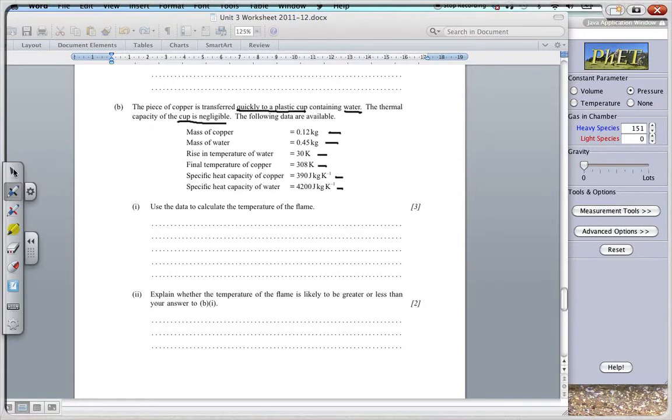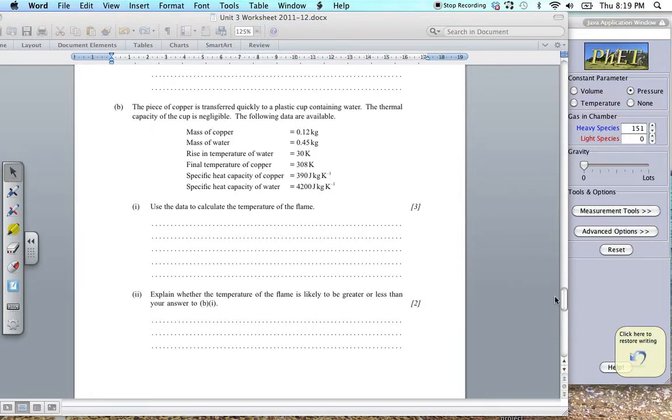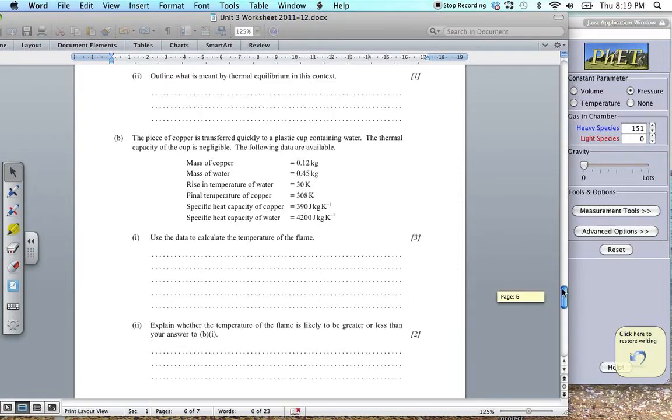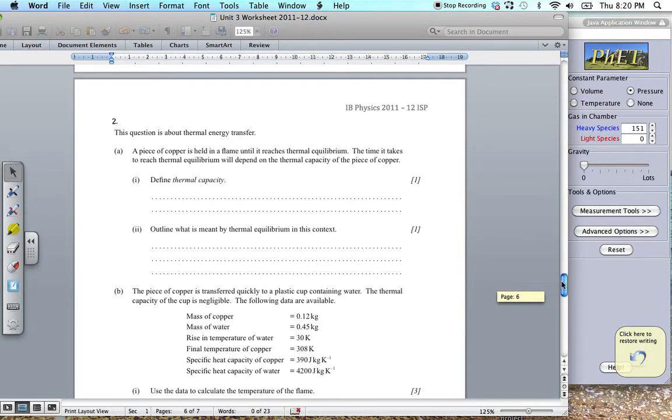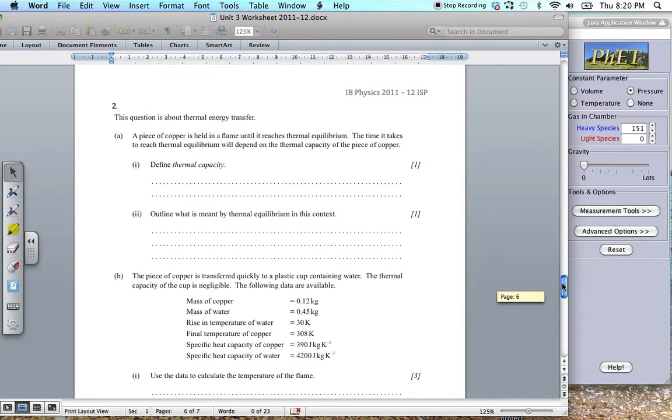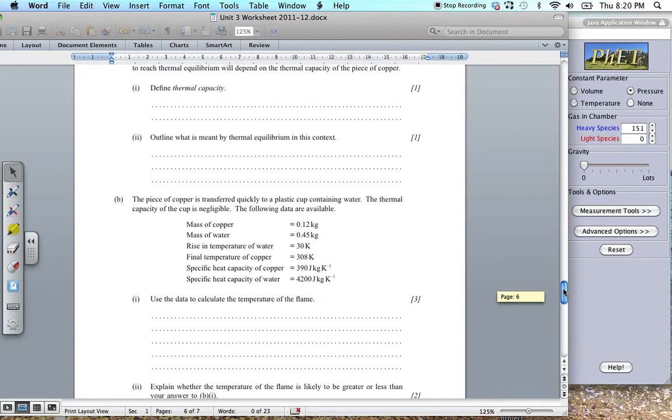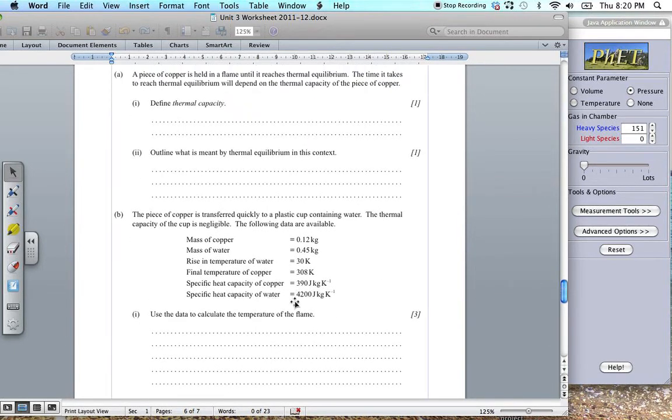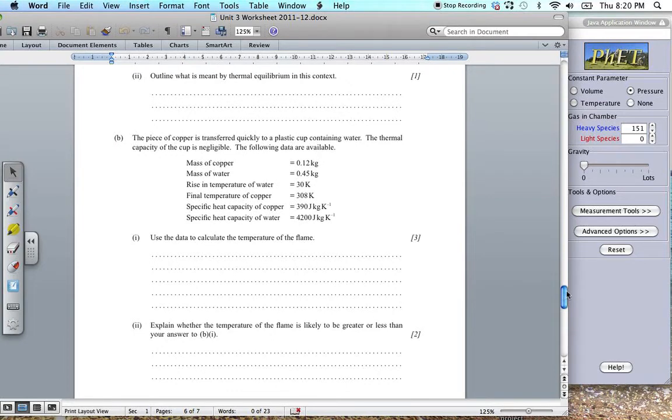Let me just check something back at the top here. We are told that the copper is held in a flame and reaches thermal equilibrium, and we want to use this data to calculate the temperature of the flame.